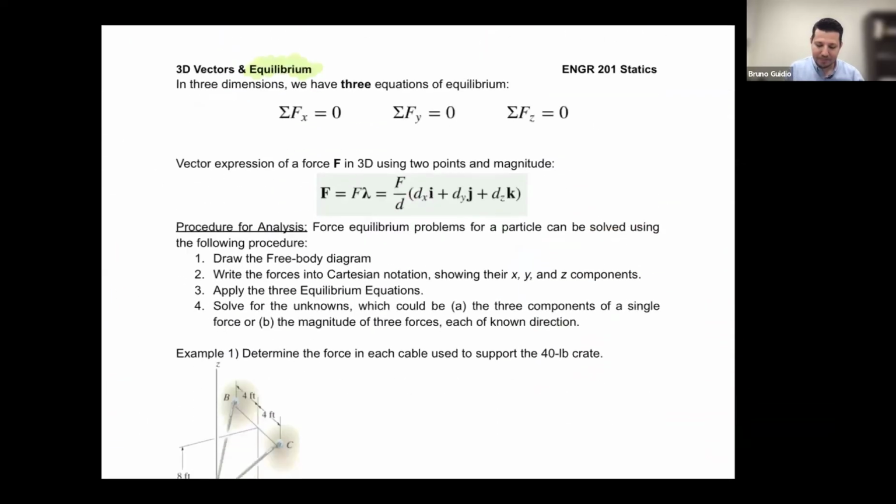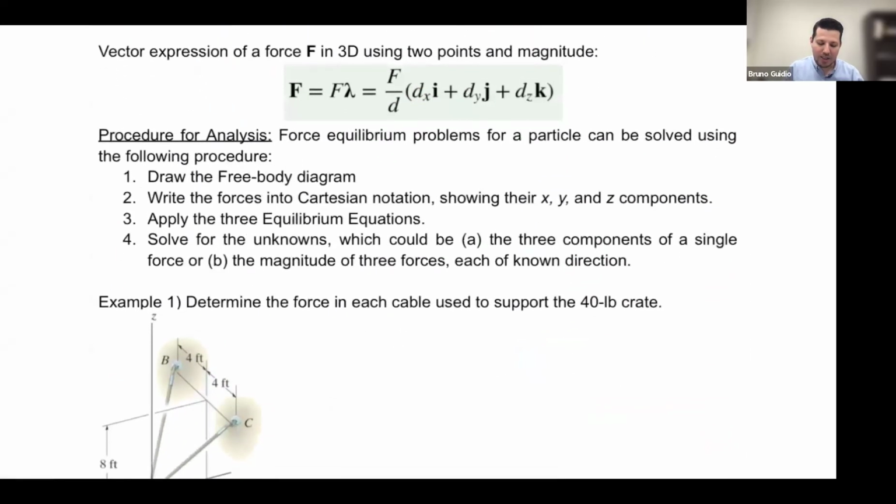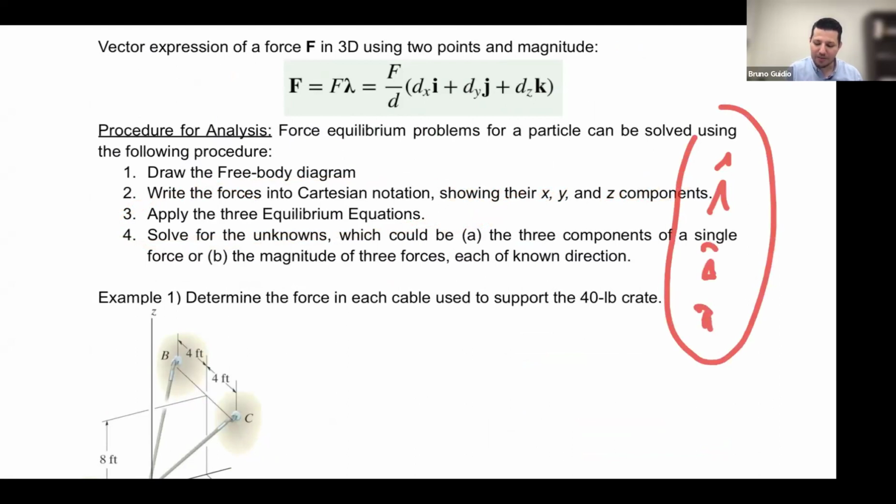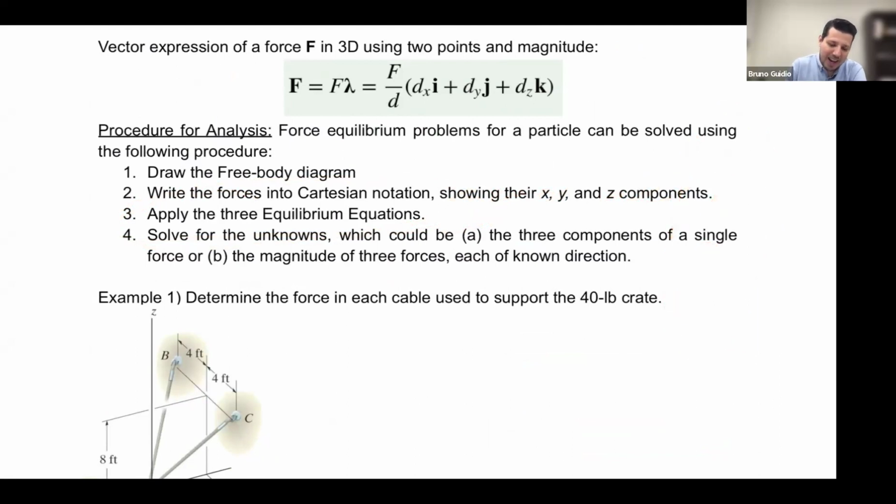Third step, apply the equations of equilibrium. Sum of the forces in x should be 0, so let's sum all the i hats. And at the end, solve for the unknowns. We have three equations of equilibrium, so we can have up to three unknowns. That's what we want to find.